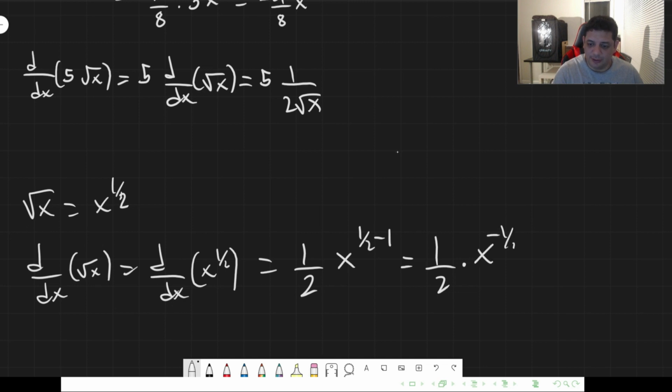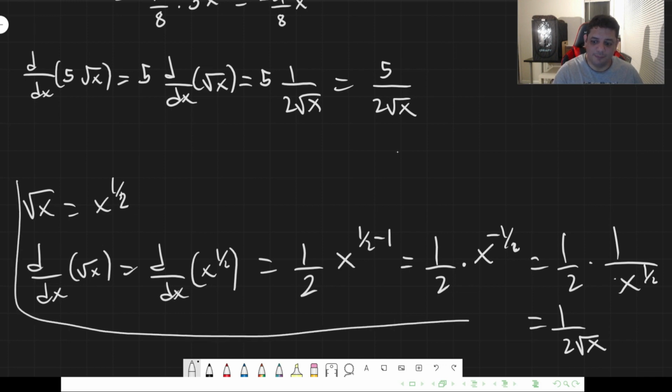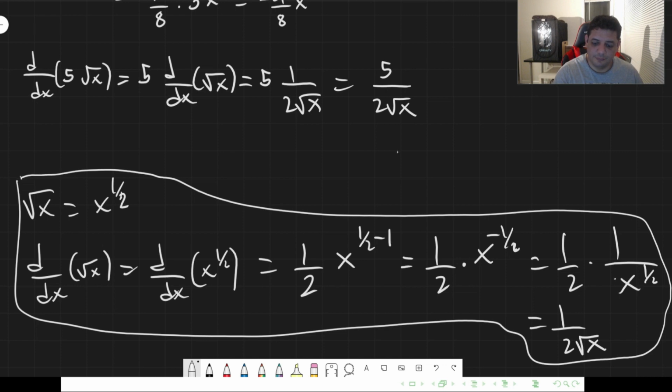This is x to the minus 1/2. Okay? And so the minus in the power is just going to be 1 over x to the 1/2. And so if I multiply these two together, 1 over 2 square root of x. Okay? So that's where this is coming from. And in general, it doesn't matter that we have a rational number here. We can use the same rule of the powers.